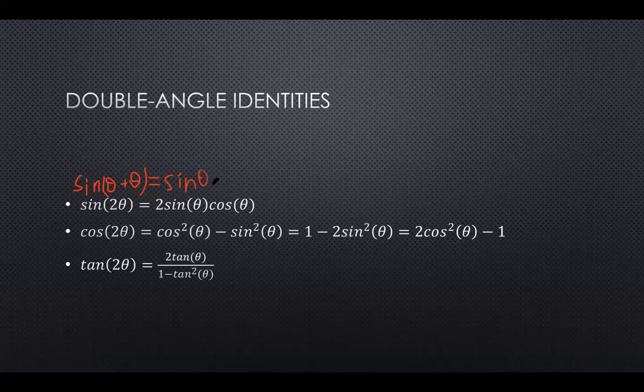For sine it's mixed up, so you have sine theta times cosine theta, but the sum remains as sum, plus another sine theta cosine theta. These two are the same thing, so basically it's 2 sine theta cosine theta.